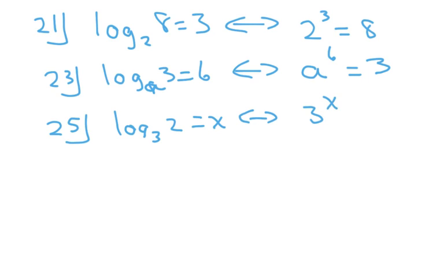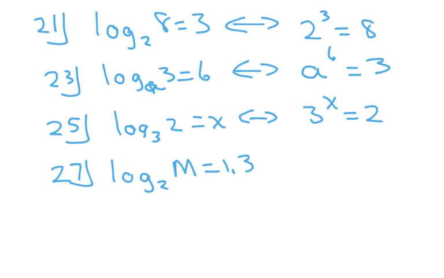So 3 to the x equals 2. 27, log base 2 of m equals 1.3. You can stop me whenever you get this. So 2 to the 1.3 equals m.